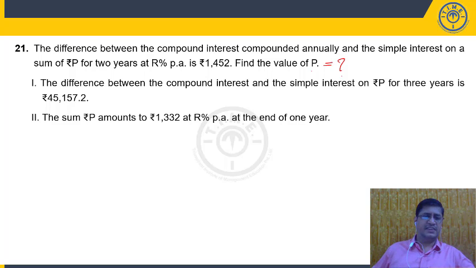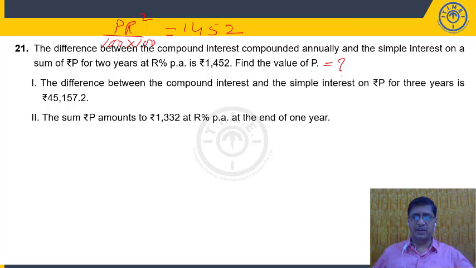Now first look at the data given in the question. The difference between the compound interest and simple interest for 2 years is given. What is the formula? PR square by 100 into 100 is equal to 1452. This is the data given in the question. Now look at the first statement. In statement 1, it is given the difference between the compound interest and simple interest for 3 years. 3 years means, what is the formula here?